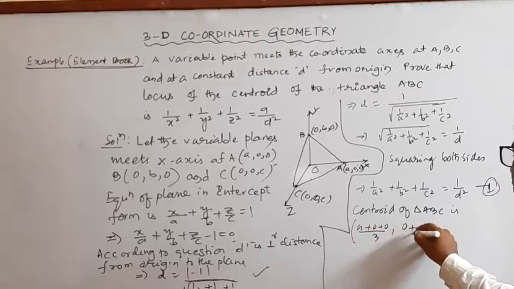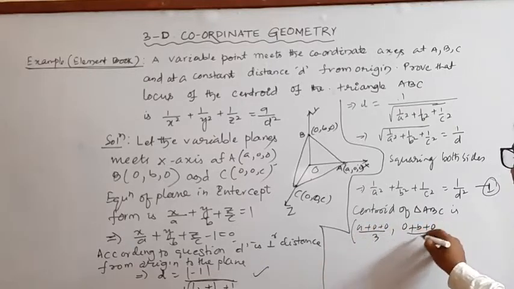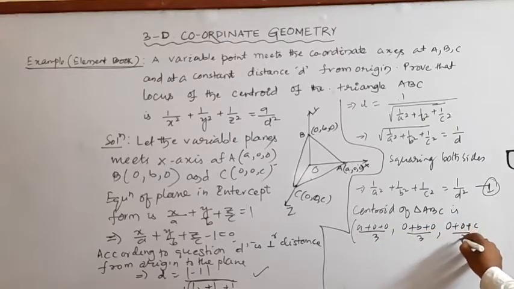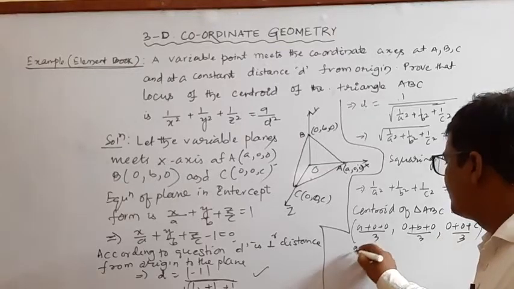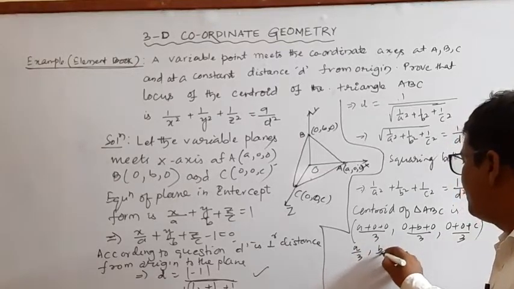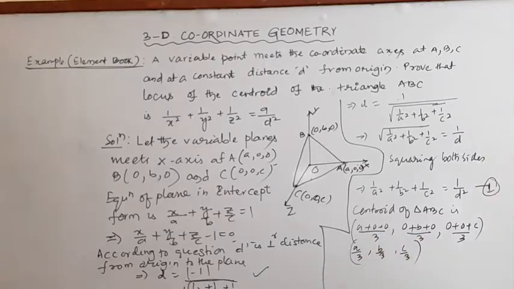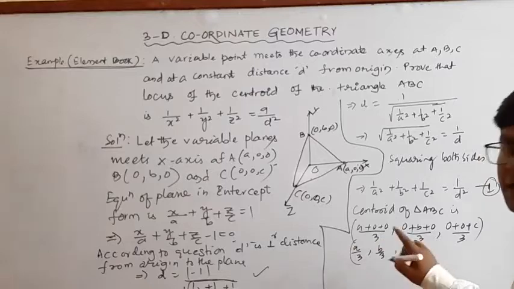So 0 plus b plus 0 by 3, 0 plus 0 plus c divided by 3, and a plus 0 plus 0 by 3. That is equal to a by 3 comma b by 3 comma c by 3. This is the centroid of the triangle ABC.